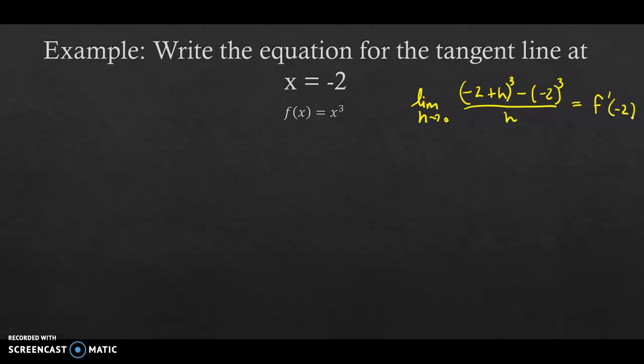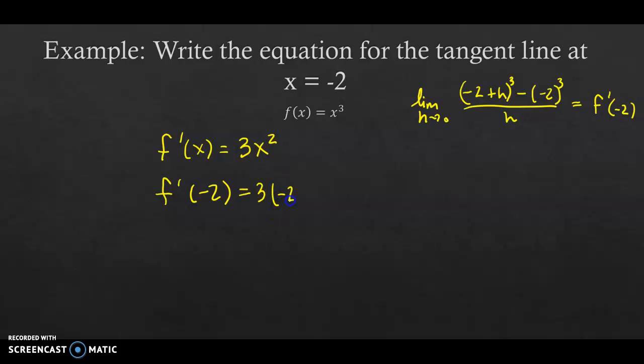So we can save ourselves some time by just taking f prime using our new shortcut. So f prime is going to be 3x squared. And so that means that f prime at negative 2 would be 3 times 4, which is 12.